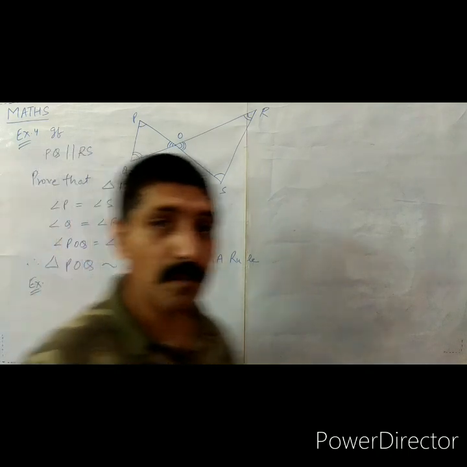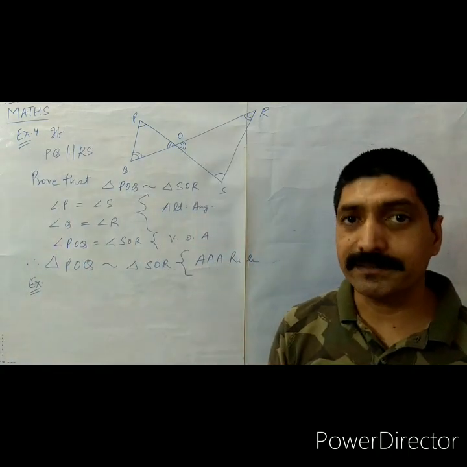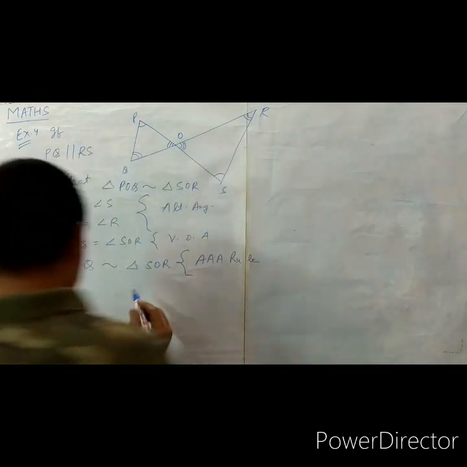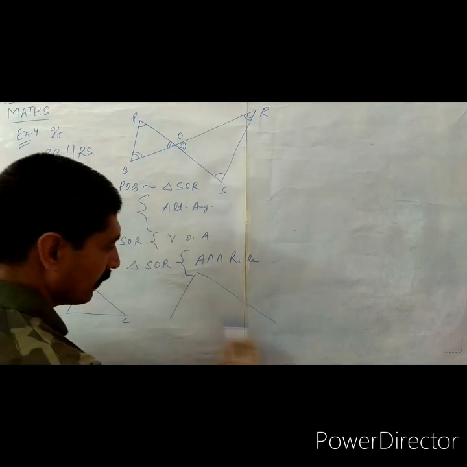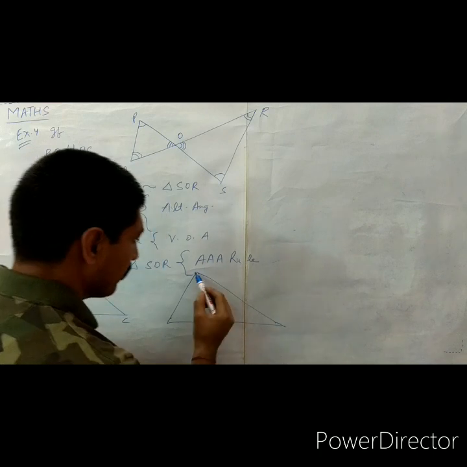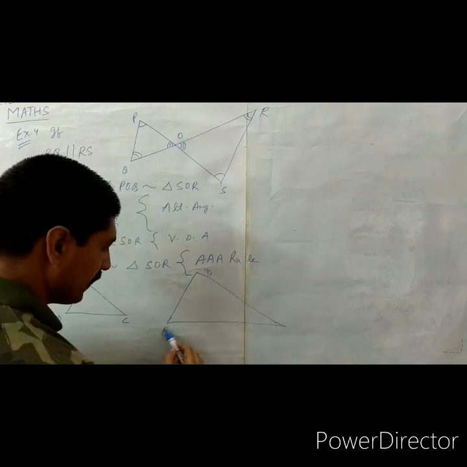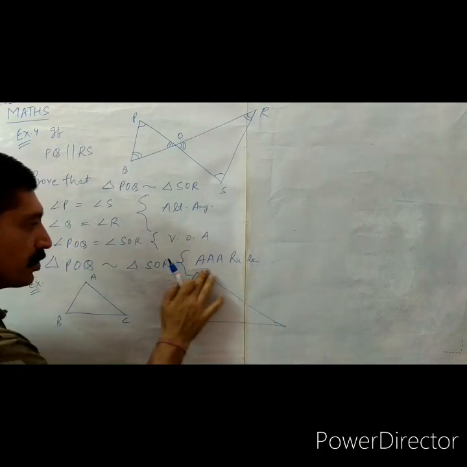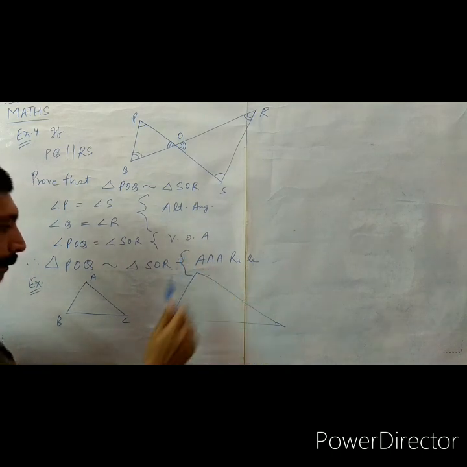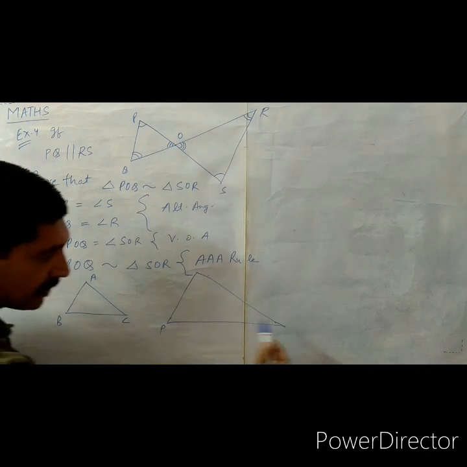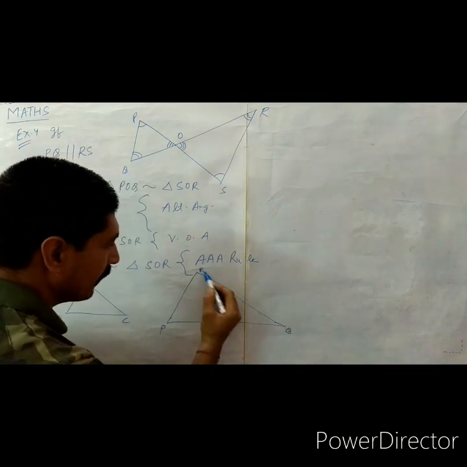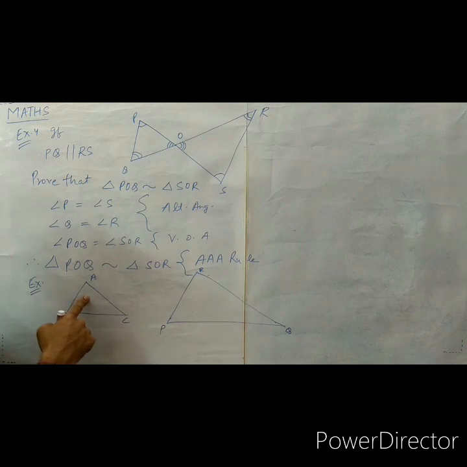So here we have one more example, example number 5. Here we have to observe two triangles: triangle ABC and another triangle, PQR. The sides are given here.